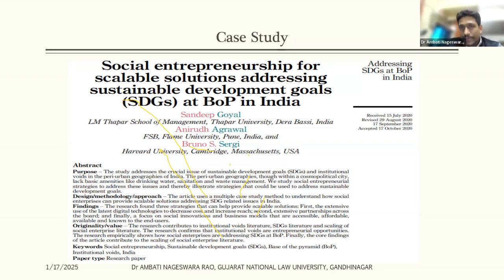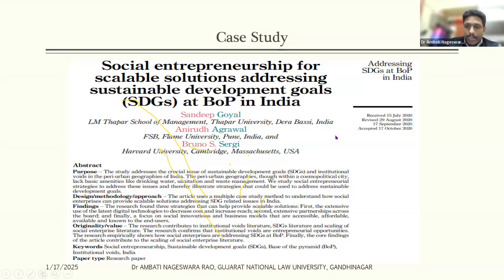They are nothing but social entrepreneurs. Now, how as social entrepreneurs they're trying to address the social problems of the people living at the bottom of the pyramid, and at the same time, how they're able to contribute towards achieving sustainable development goals. So this was the main objective of this particular study.